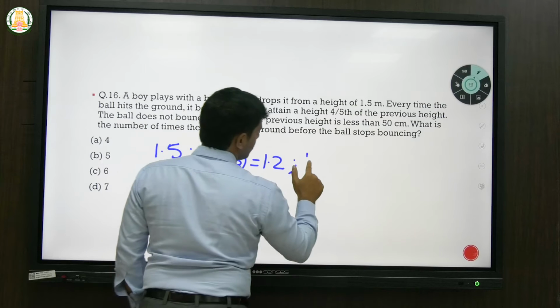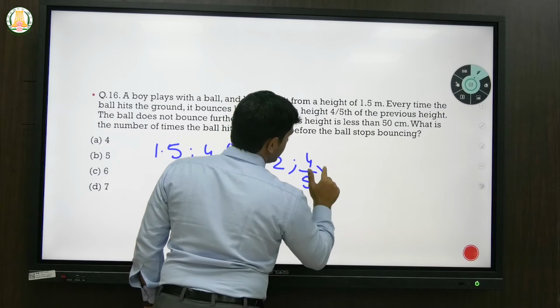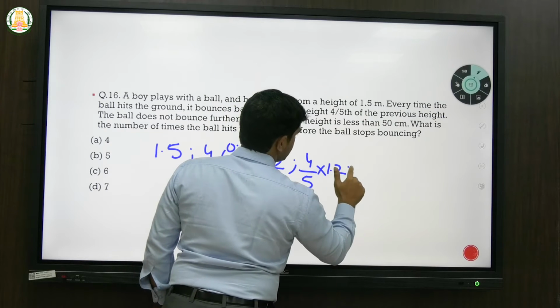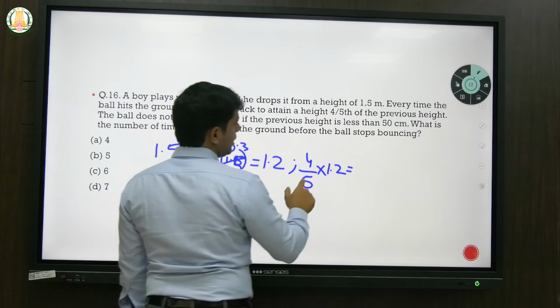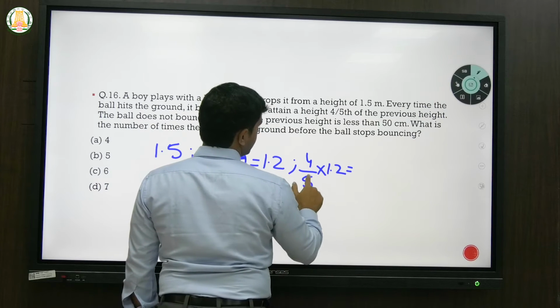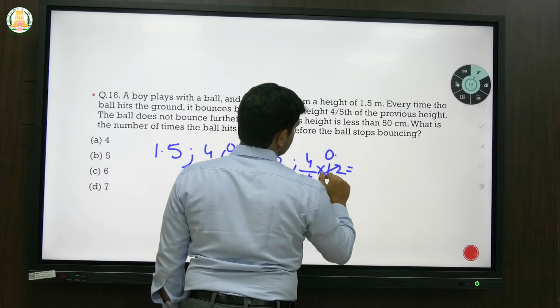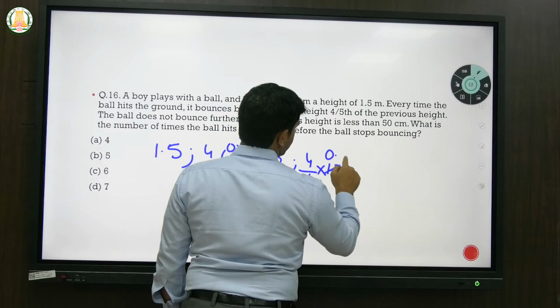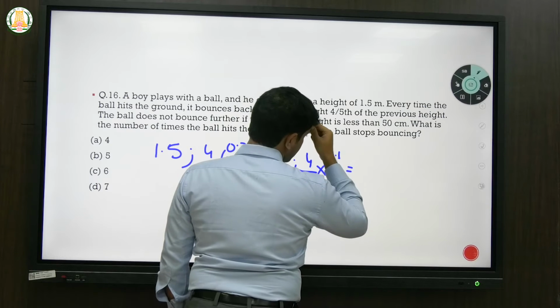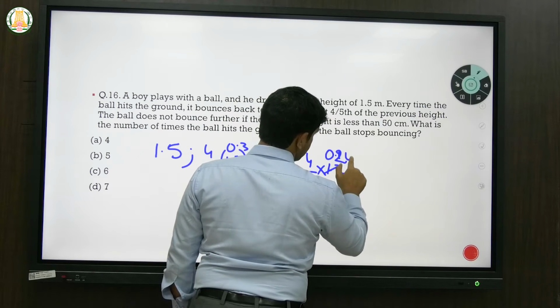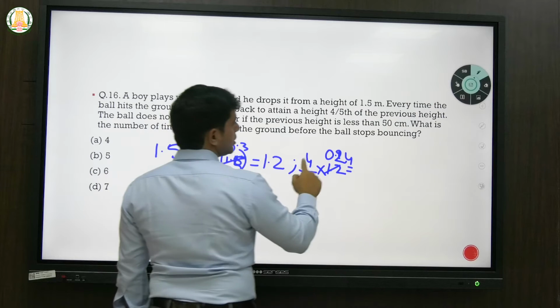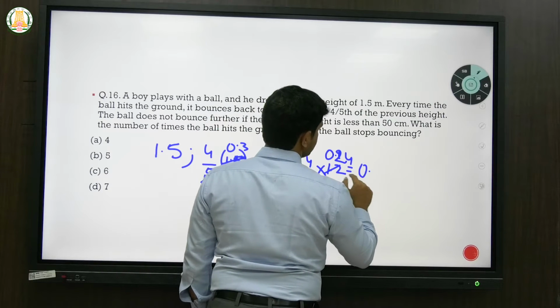Then you multiply 4 by 5 into 1.2, okay? This will be 4.8 by 5. How much will this be? 0.96.